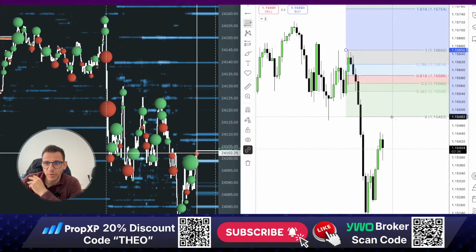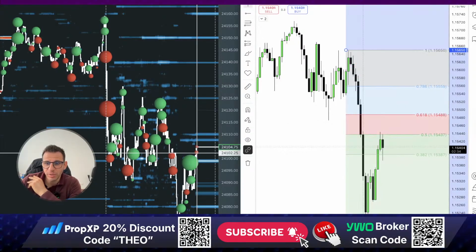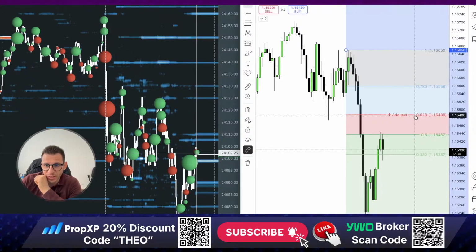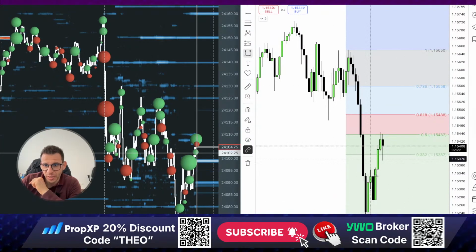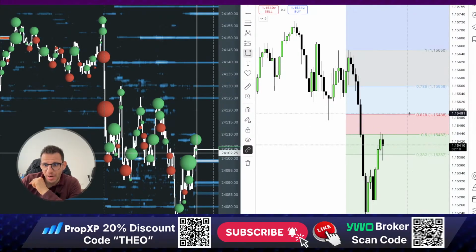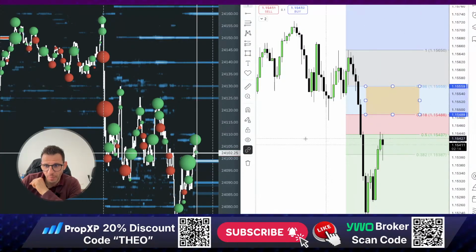I like to use Fibonacci to figure out the potential key levels of resistance in a downtrend. Based on this market structure, the key levels more appropriate for this last impulsive move to the downside are the 61.8 and 78.6.